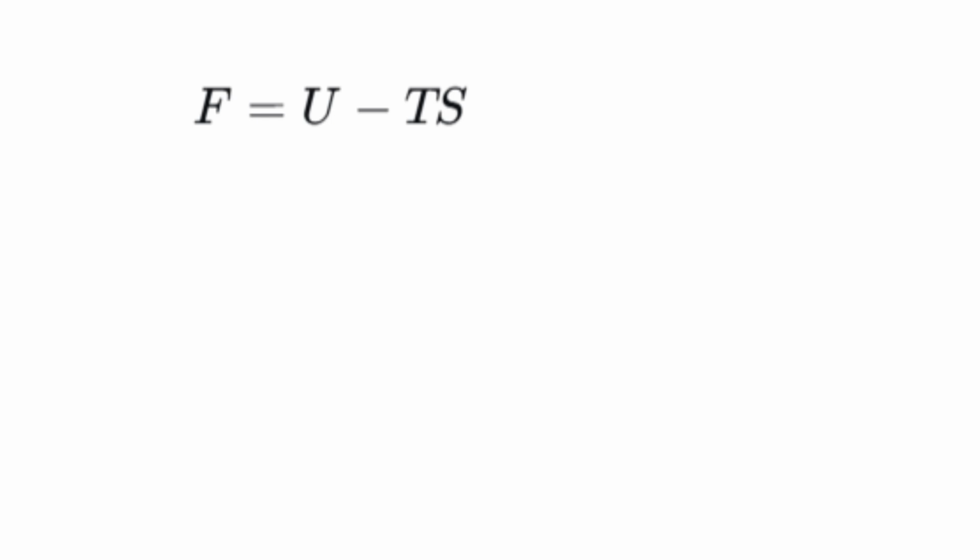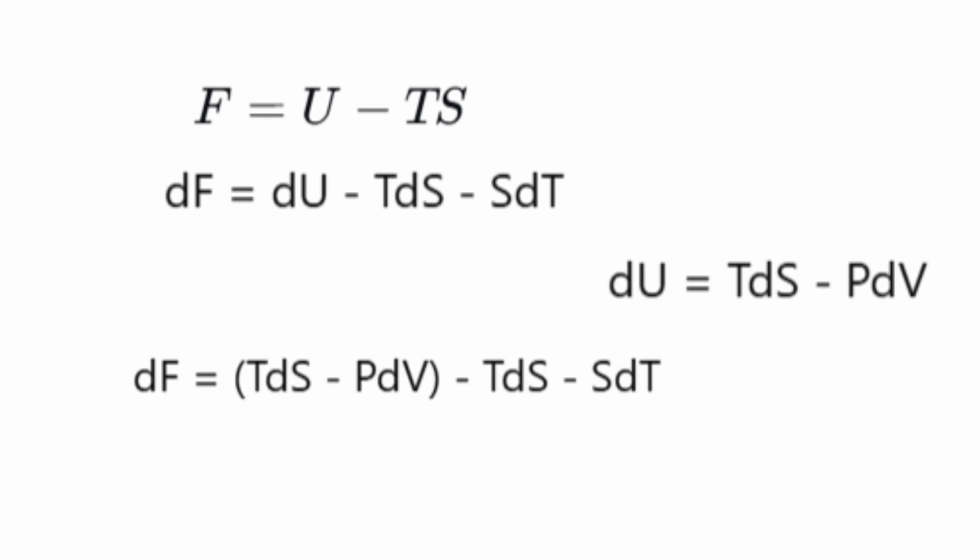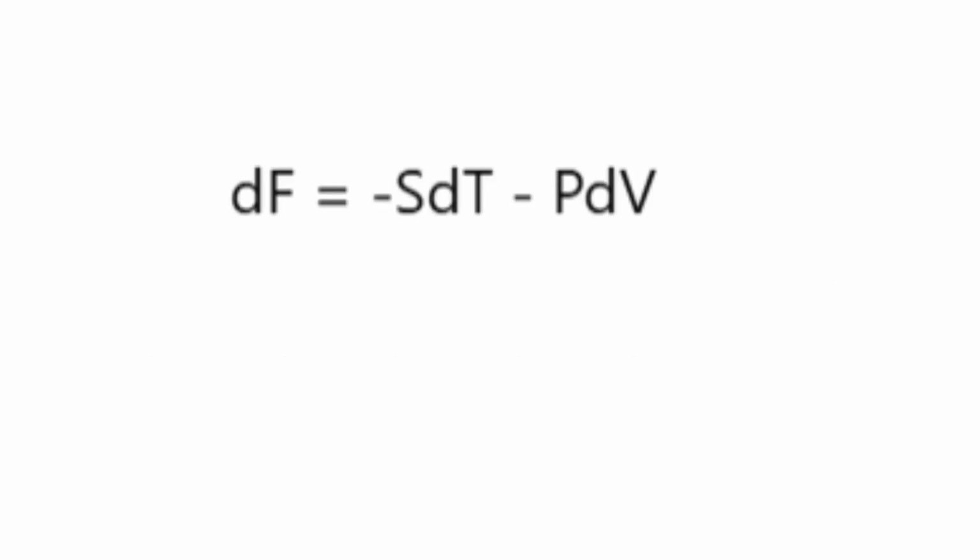Taking the differential of this equation gives dF = dU - TdS - SdT. Using the differential form of internal energy, we obtain that the TdS terms cancel, giving dF = -SdT - PdV.